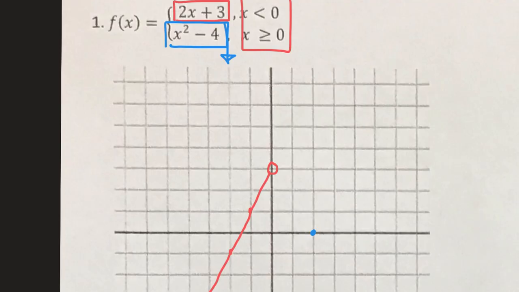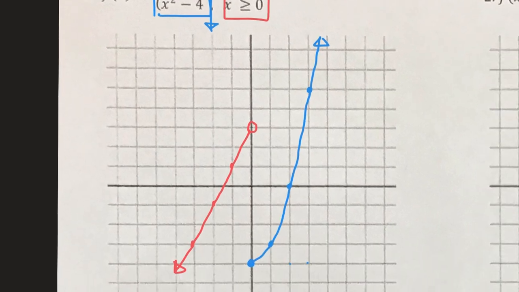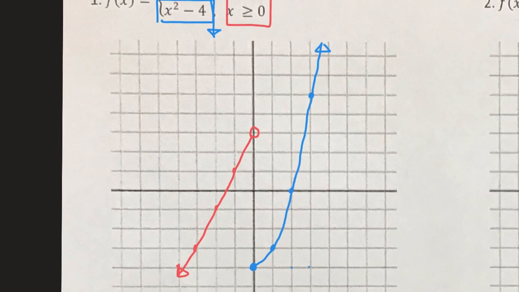And if we were so inclined, we could go back to your vertex and go over 3 units. 3 squared is 9, so we would go up to here, and we would make our graph of x squared minus 4 by connecting these interesting points. Okay? So formally, we're going to look at the limit from the left and the limit from the right.